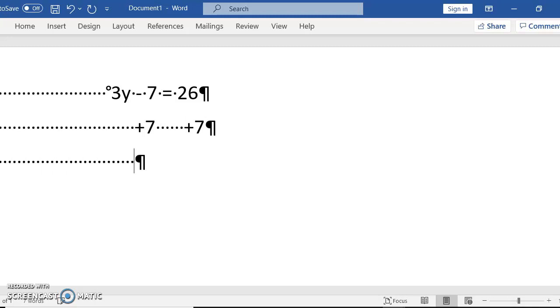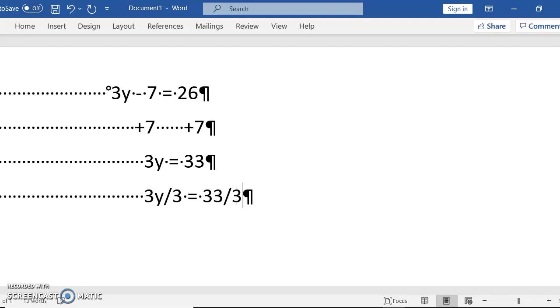So now it becomes 3y equals, and that comes out to what? 33, yes, 33. And then I have to divide 3y divided by 3 is equal to 33 divided by 3. So now I have my final answer, y is equal to 11. Use a small y.